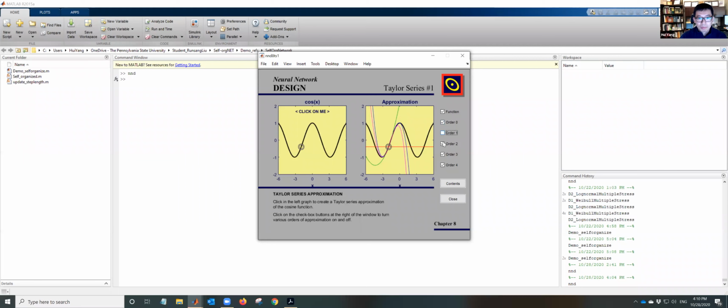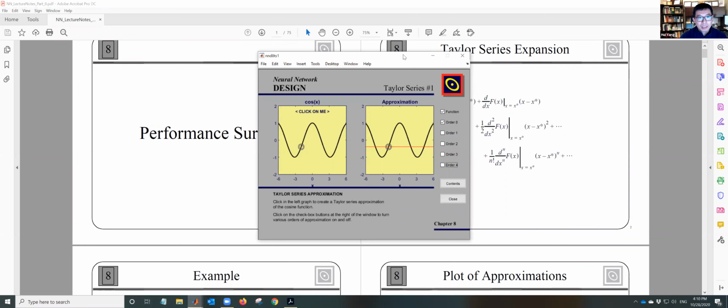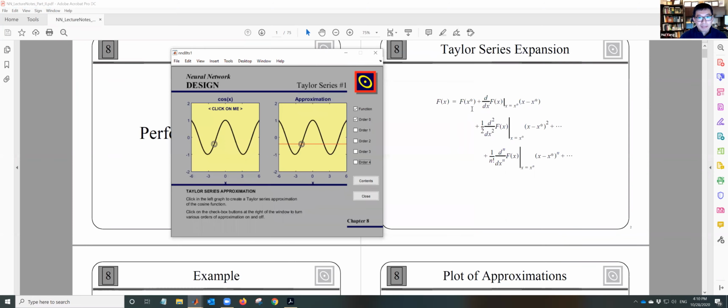For example, if I look at order 0, pretty much it's just f of x star. So f of x star is just this term. If I continue one step further, you see this is f of x star, this red line.